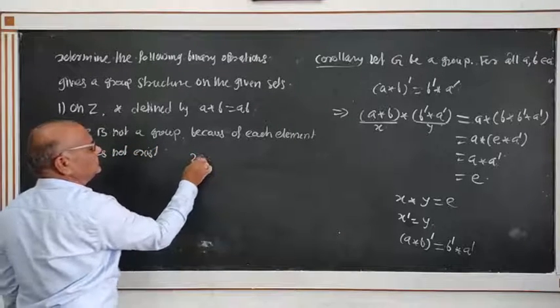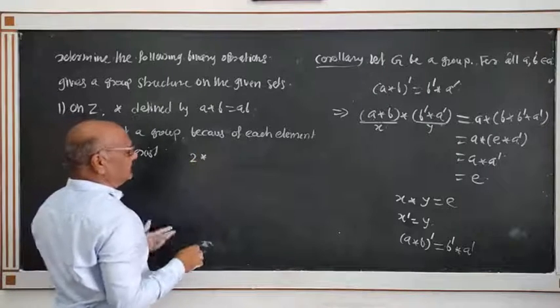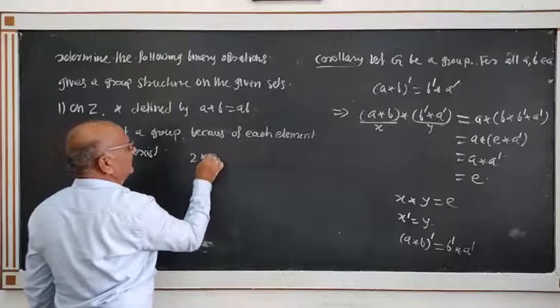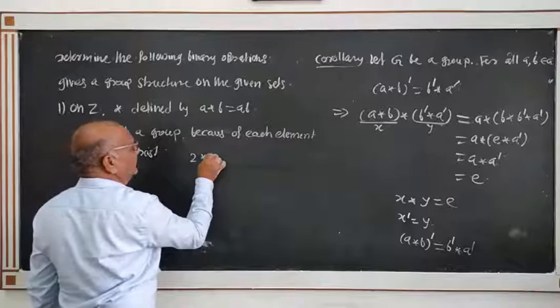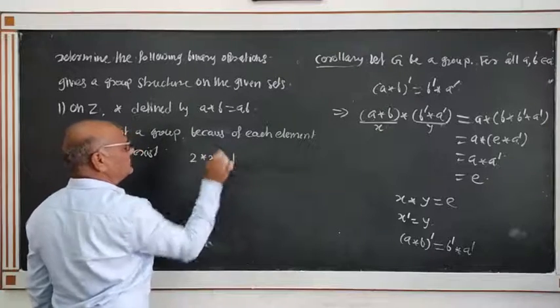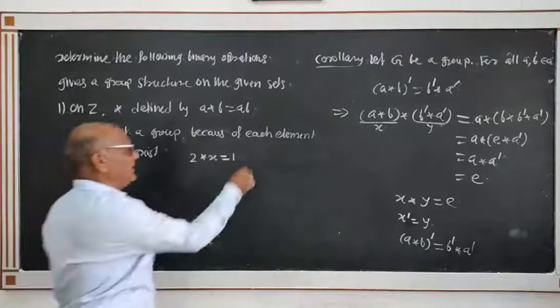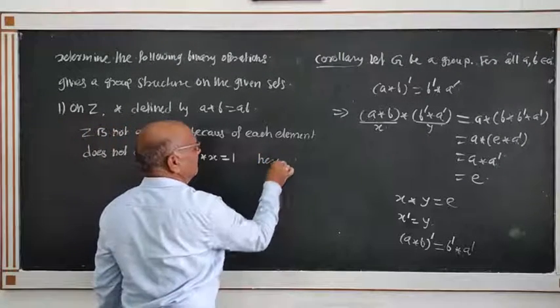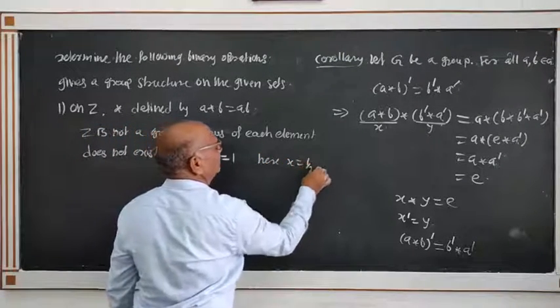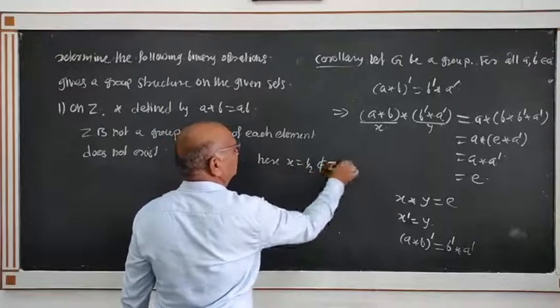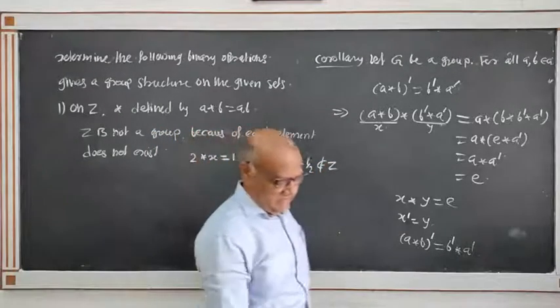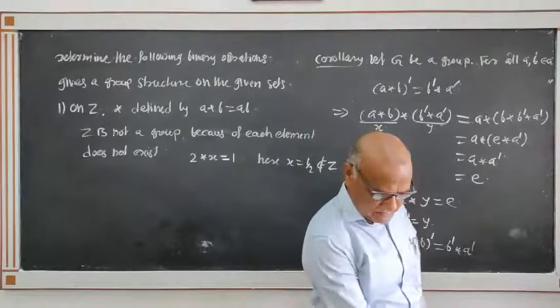Here 1 is the identity, and 2 * x is equal to 1 is not satisfied. That means x is equal to 1/2, and that does not belong to Z. So it is not a group.